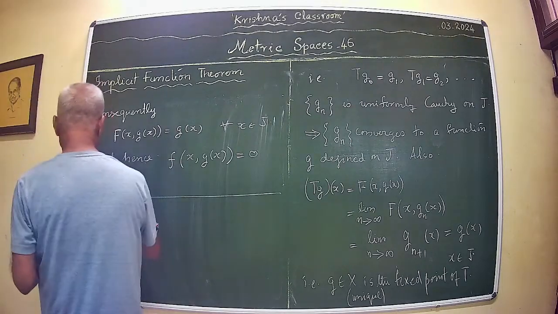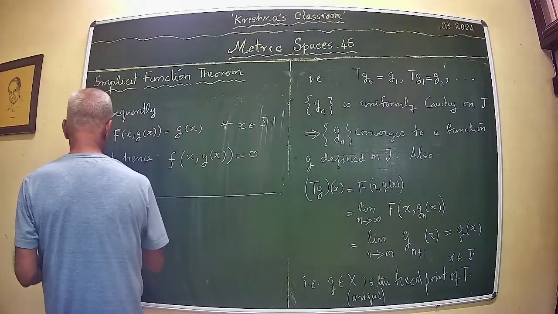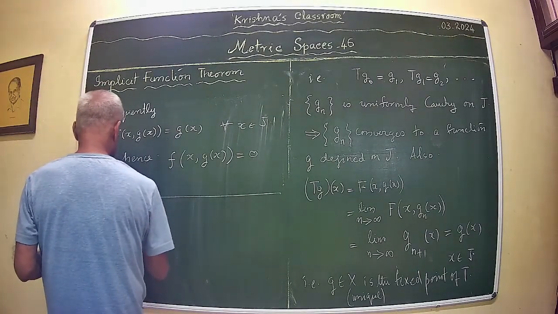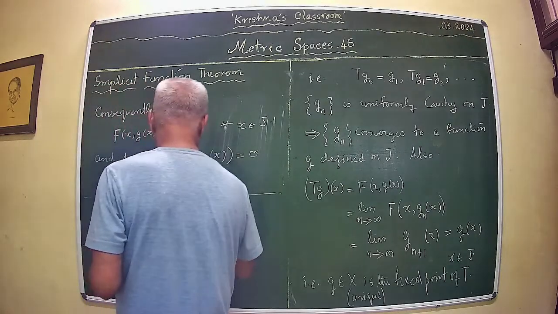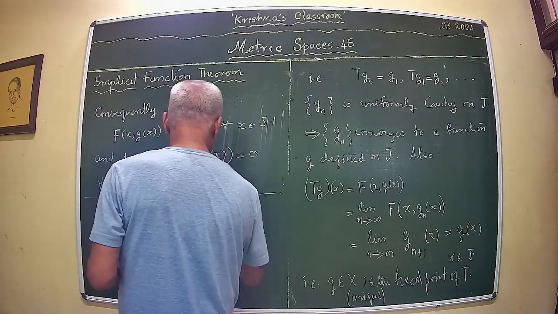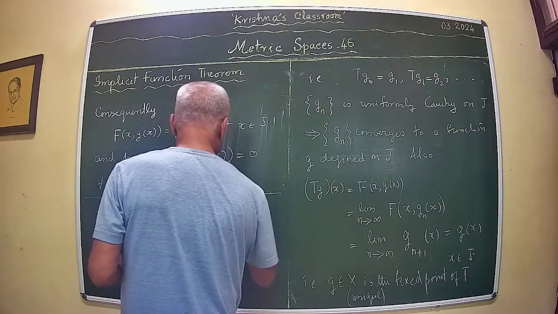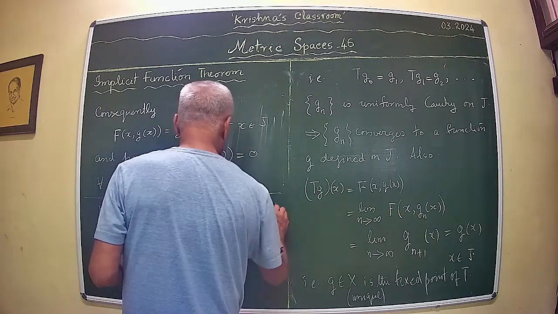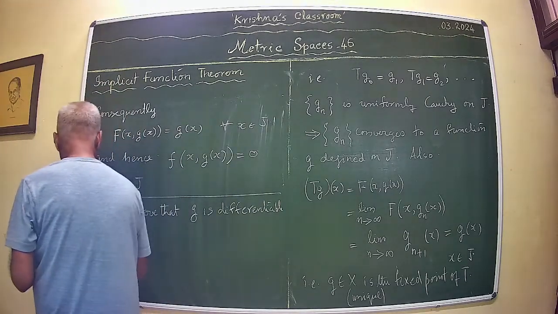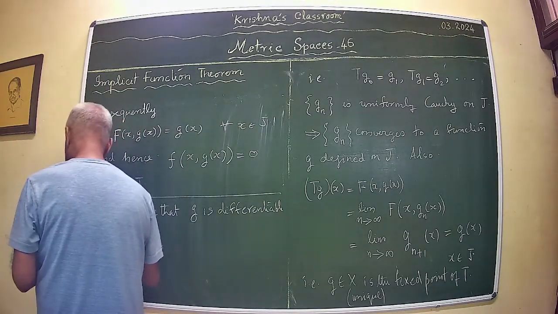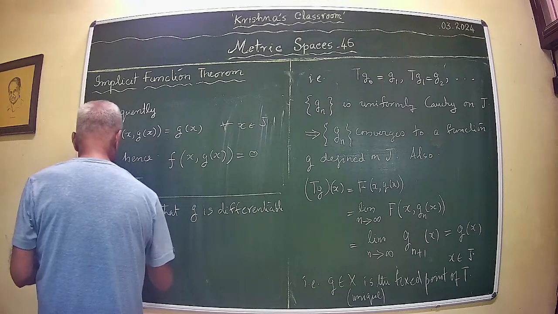Now we prove that G is differentiable on J and compute the derivative.